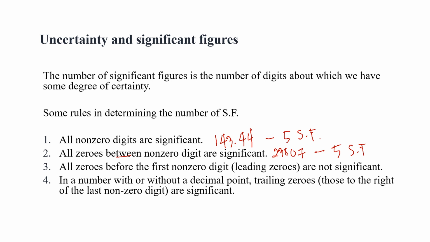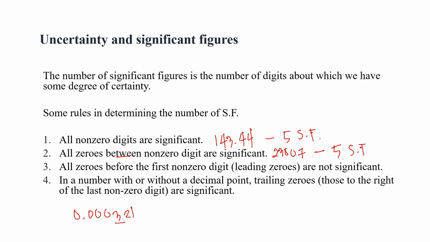So the third rule is all zeros before the first non-zero digit, which we will call your leading zeros, are not significant. Say for example, you have 0.000321. Your first non-zero digit here is 3.